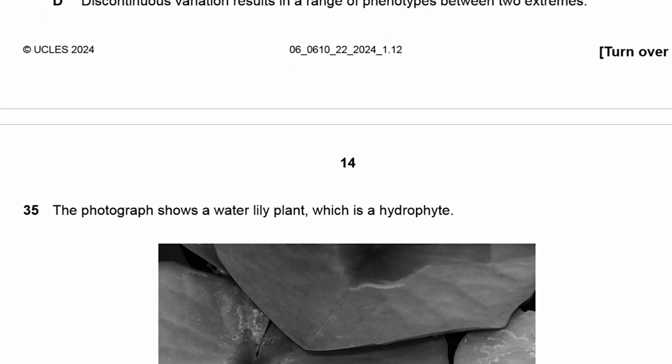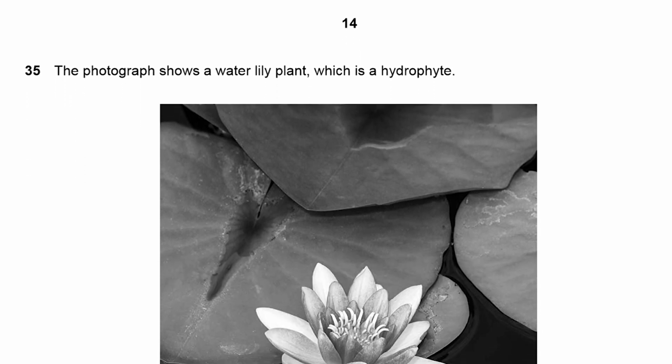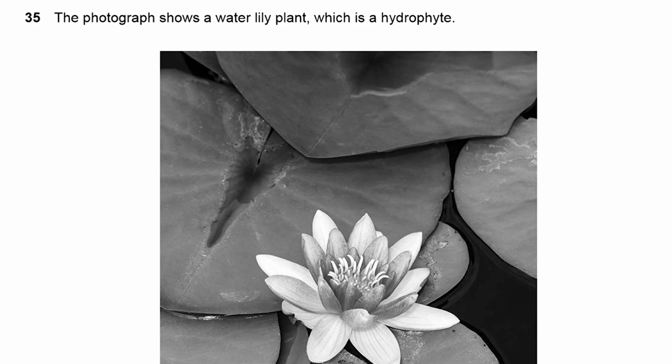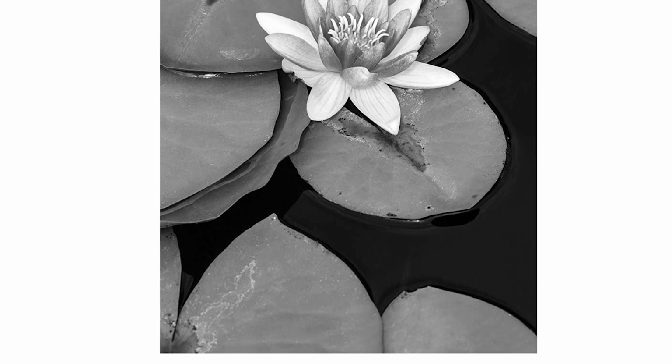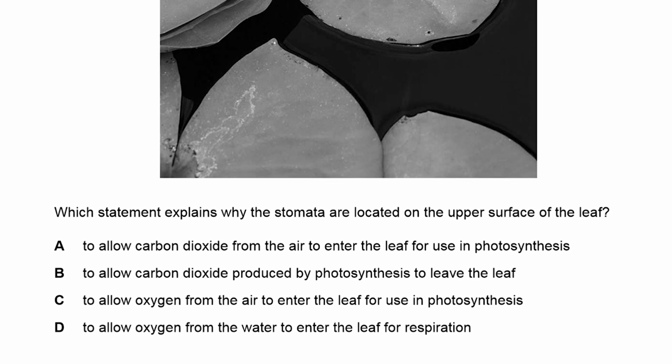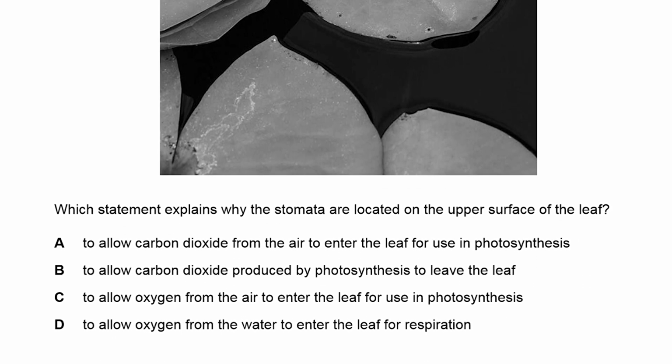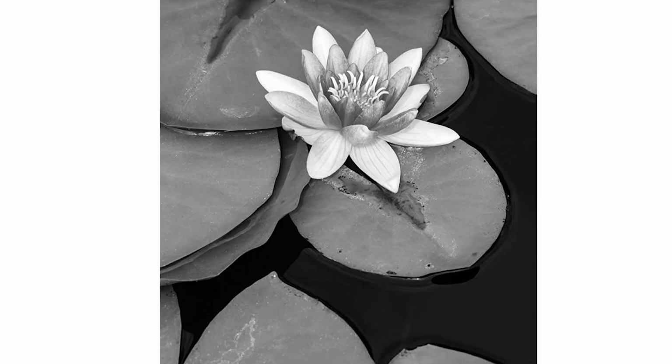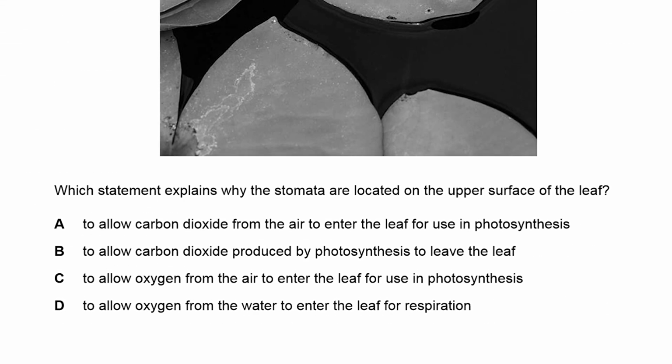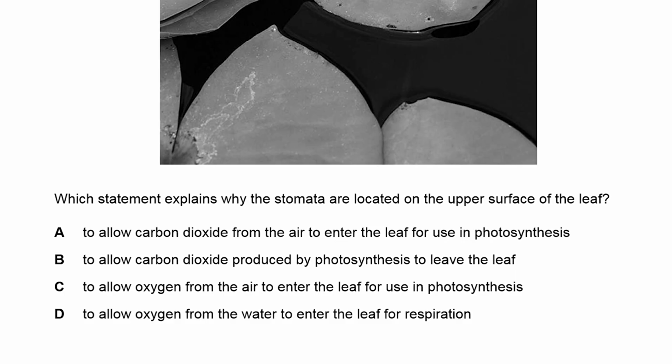Then number 38, the photograph shows a water lily plant, which is a hydrophyte. Alright, so it means it is in water. Which statement explains why stomata are located on the upper surface of the leaf? To allow carbon dioxide from the air to enter the leaf for photosynthesis.